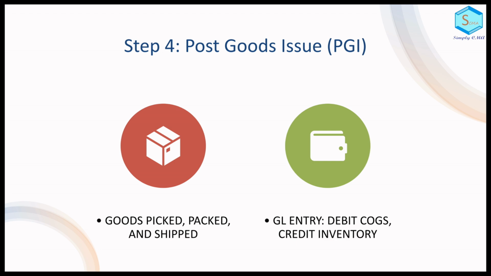That means the inventory is coming out of my godown. A transaction happens in my company where there is a financial impact, because inventory comes out of the godown and moves to the customer. So an accounting entry is generated: the COGS account is debited and the inventory account is credited.